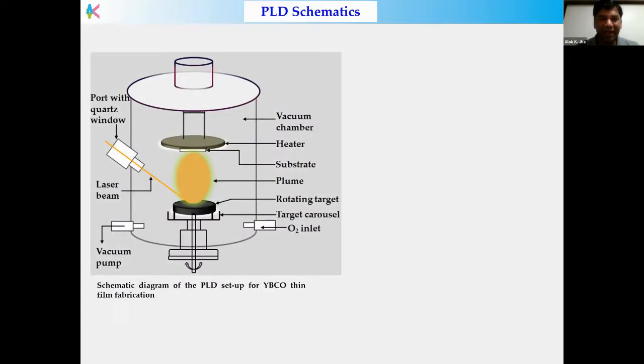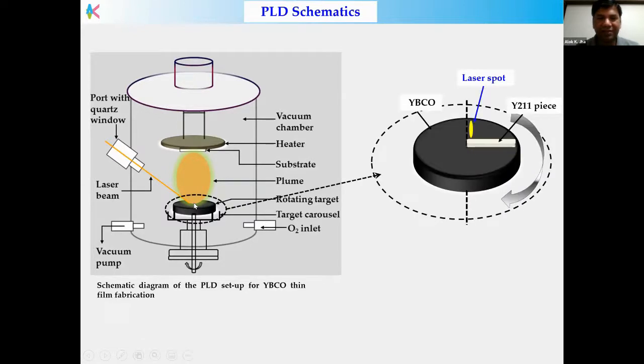So I will show you the experimental setup that we use to make our samples. This is the typical schematic diagram of the PLD setup that we have in our laboratory. This is a rotating target, and we have our substrate here and other usual assembly. What we do in the target is we make it slightly different.